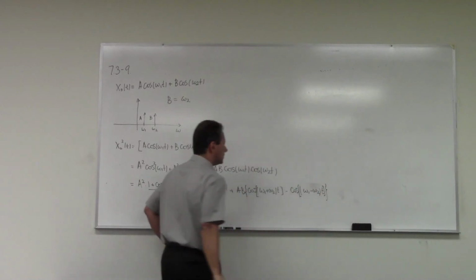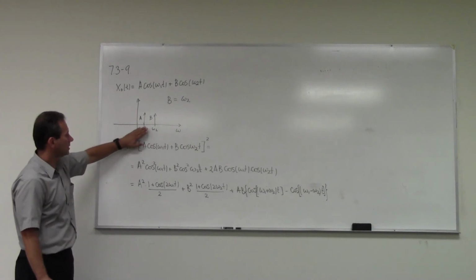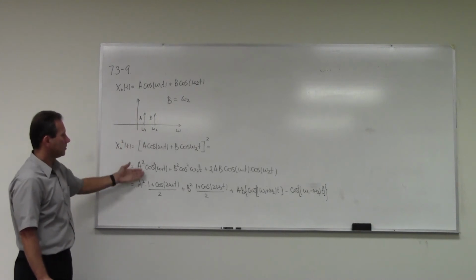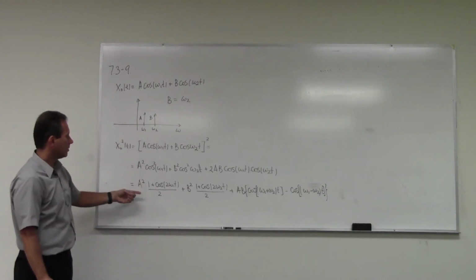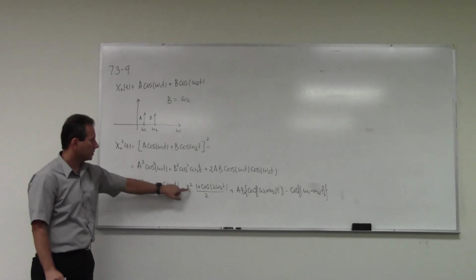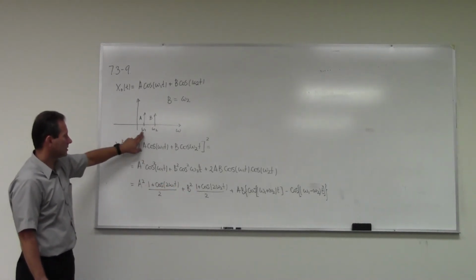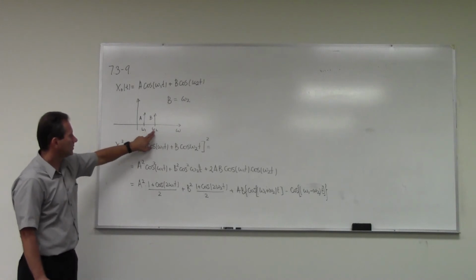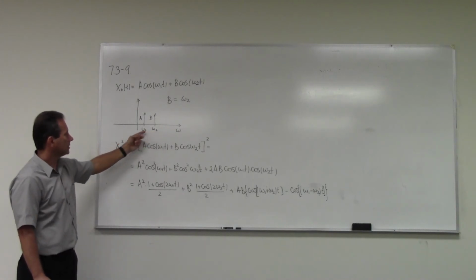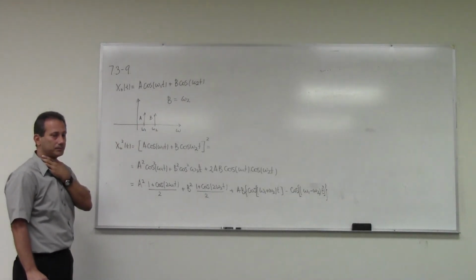So what's the moral of the story? If you take a signal that has two cosines and square it, you end up with 4 frequency components, actually 5. One is at DC, this a squared over 2 plus b squared over 2. Then you have twice the frequency of each of these, and then the sum of these two, and then the difference of these two.